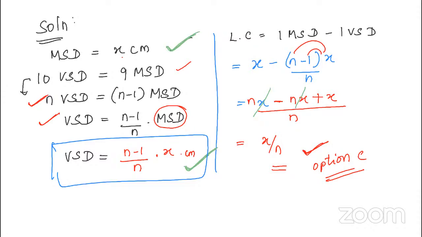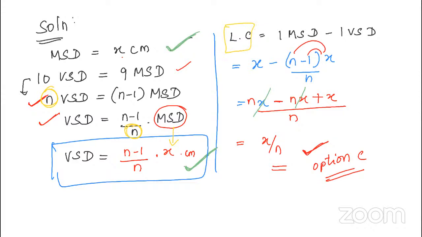In the next step, n minus 1 divided by n into MSD. Then the question is to find the least count.